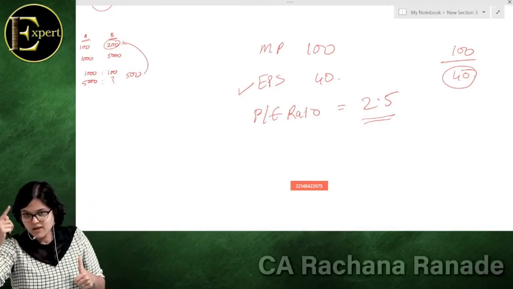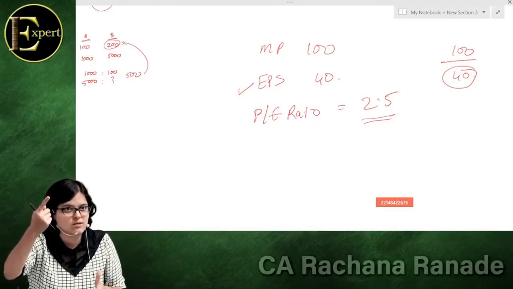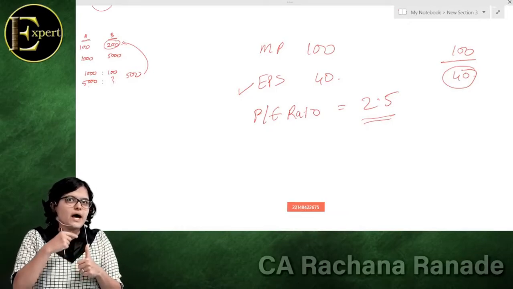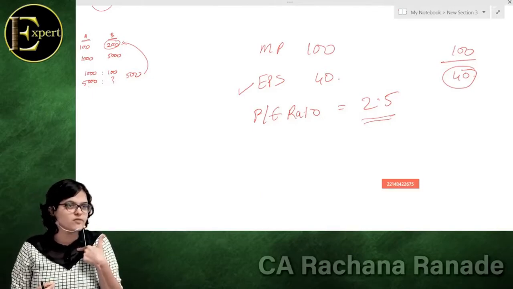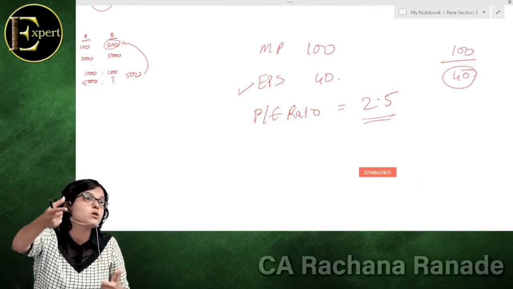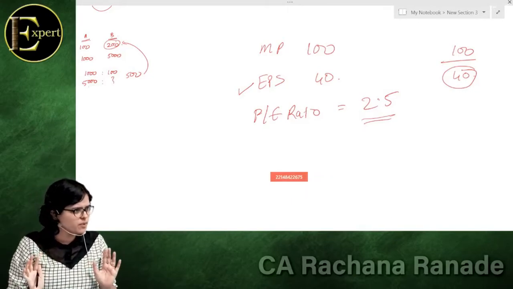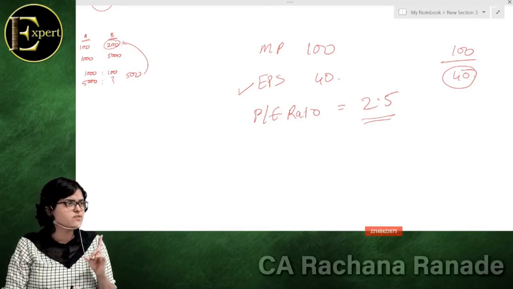Higher the PE, costlier is the stock. Lower the PE, cheaper is the stock, because I'm paying less to earn that much earning if the PE is lower, and I'm paying more if that PE is higher. Simple. I'll dictate everything, but first pay attention. That is the first interpretation of PE.